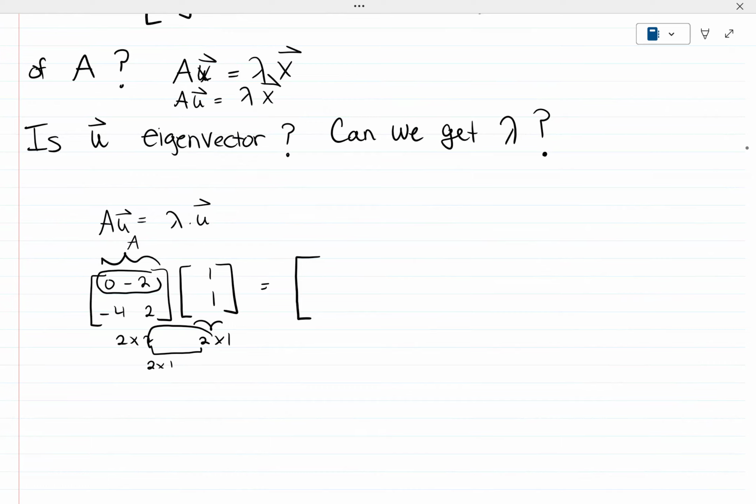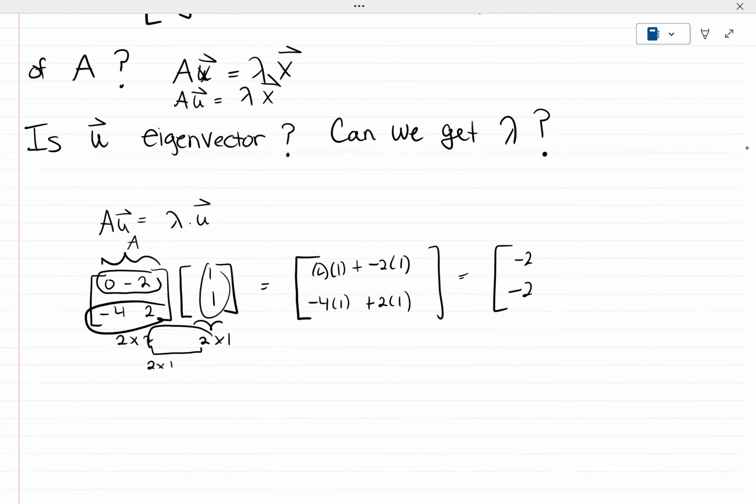This times this would be 0 times 1 plus negative 2 times 1. And then this times this is negative 4 times 1 plus 2 times 1. And that gives you negative 2, negative 2.